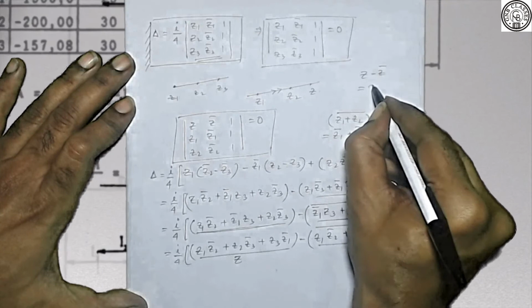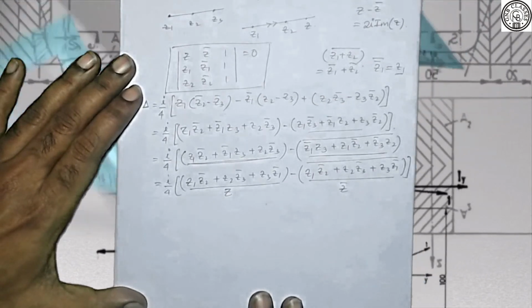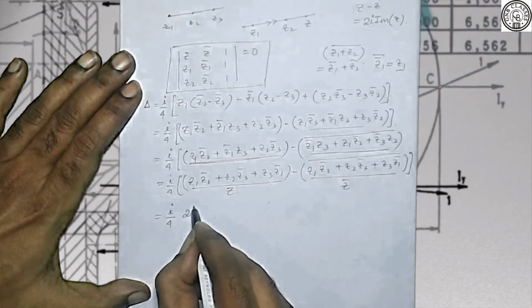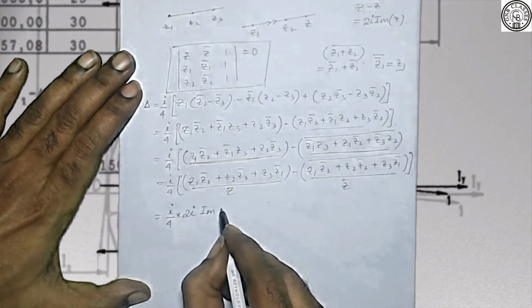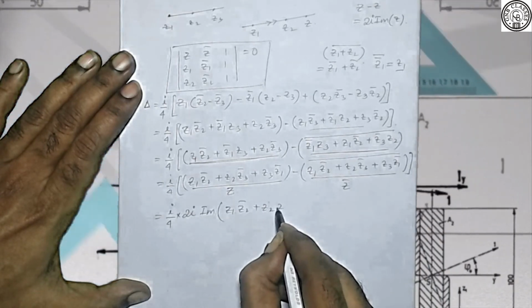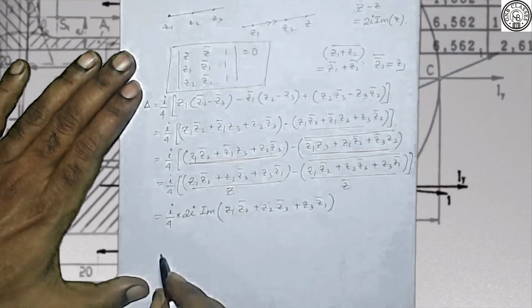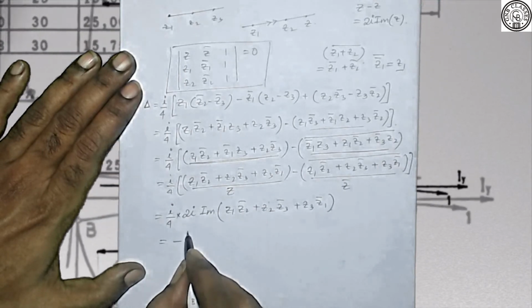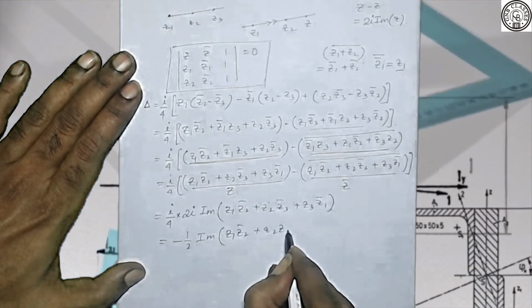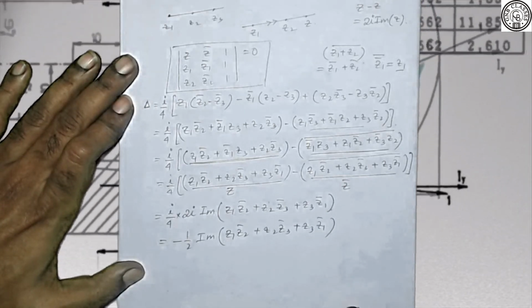This is simply nothing but 2 iota times the imaginary part of Z. So from here we can write this is equal to iota by 4 times 2 iota times the imaginary part of Z. In this case, Z is Z1 Z2 bar plus Z2 Z3 bar plus Z3 Z1 bar. Tell me yes or no. So this gives us minus half the imaginary part of Z1 Z2 bar plus Z2 Z3 bar plus Z3 Z1 bar. This looks much better.